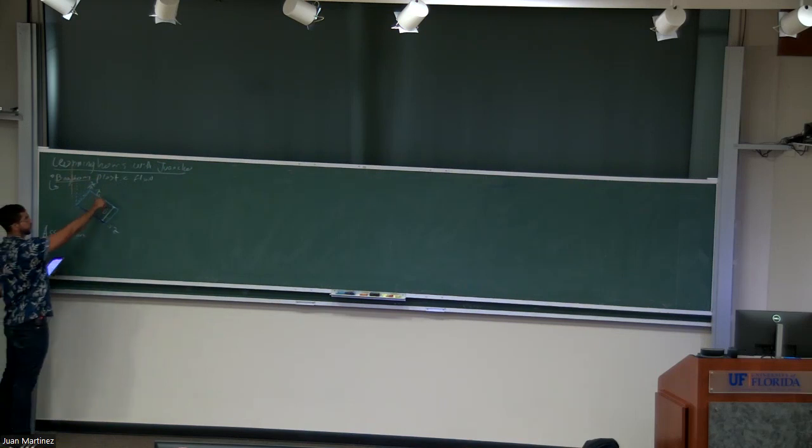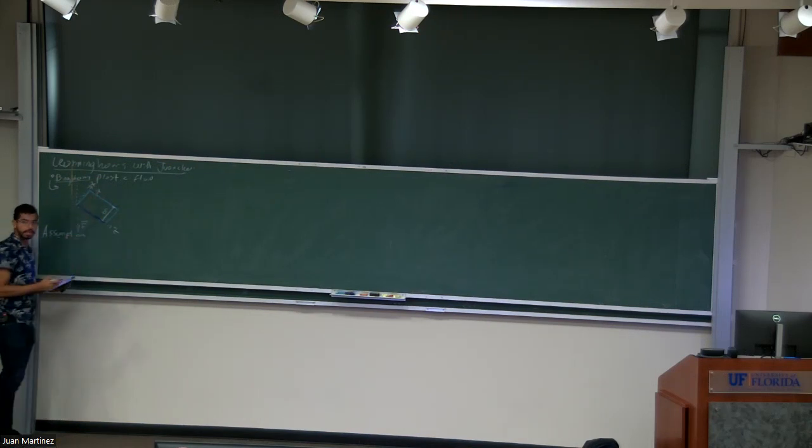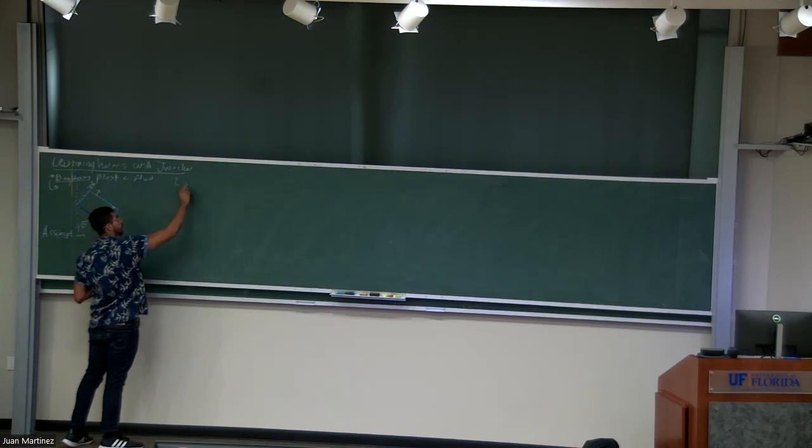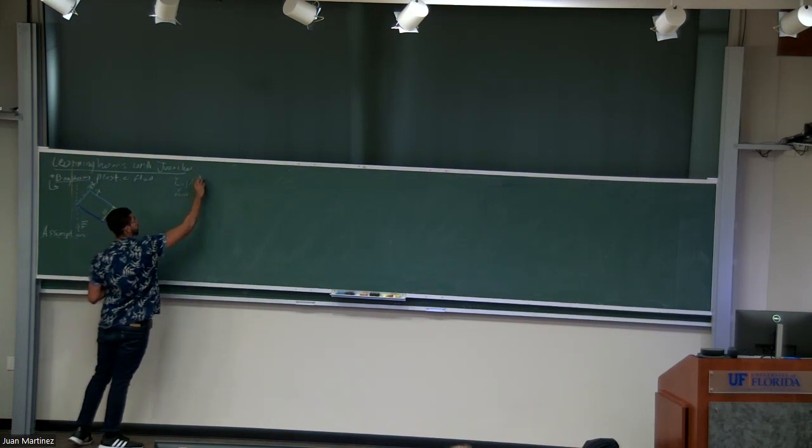If we look at this shear over here, what would be the subscripts for this shear? Remember that you have the i is the plane and j is the direction.